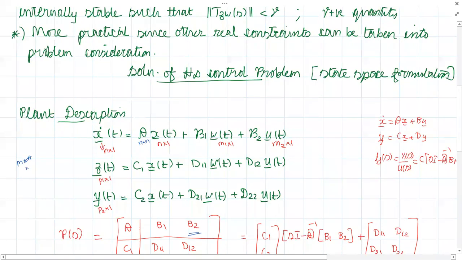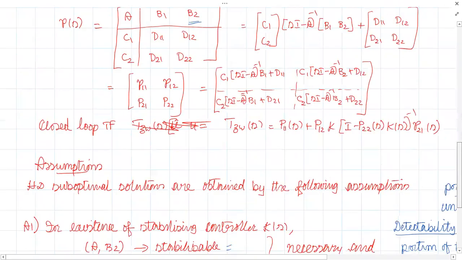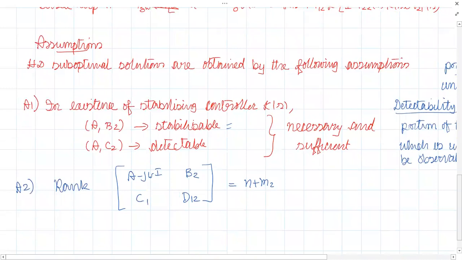N cross M2? M2 or M1? B1 matrix order. Sorry, B1 is M1, B2 is M2. N cross M1. And this is N cross M2. Okay. So this rank must be equal to N plus M2.